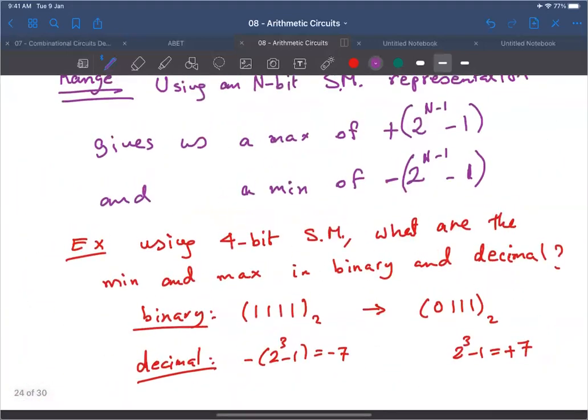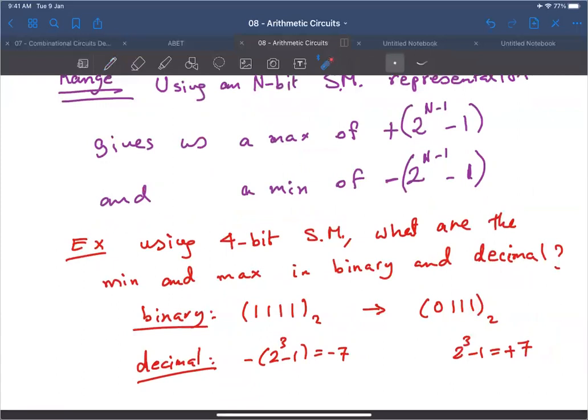Okay, let's take an example of this. Using 4-bit sign and magnitude, what are the minimum and maximum in binary and decimal? In binary, the minimum is going to be all ones, and the maximum is going to be 0 followed by all ones.